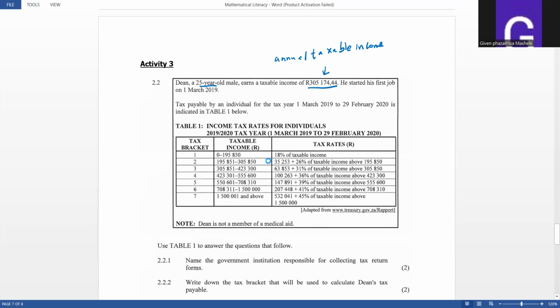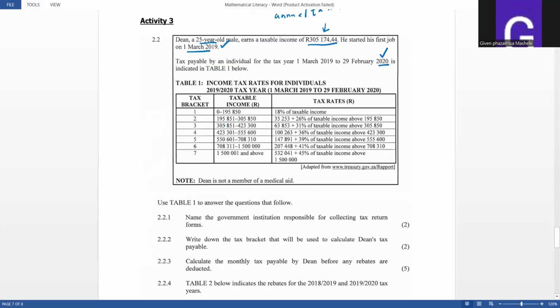So we're given annual taxable income. He started his first job on the 1st of March 2019. Then the income tax rebates: according to this, it says tax payable by an individual for the tax year from 1st March 2019 to 29 February 2020 is indicated in Table 1 below.